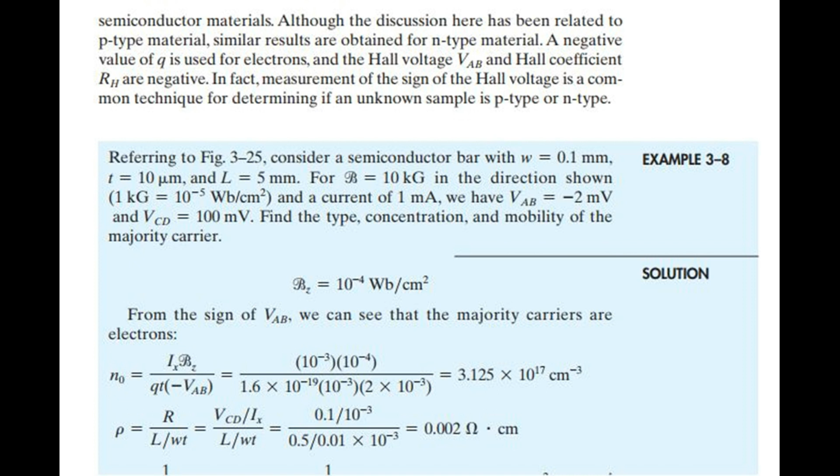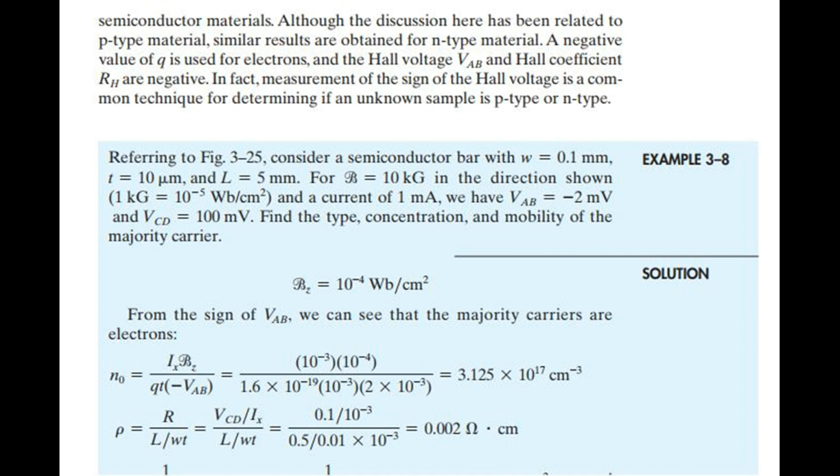In fact, measurement of the sign of the Hall voltage is a common technique for determining if an unknown sample is p-type or n-type. Referring to Fig 3-25, consider a semiconductor bar with W equals 0.1 mm, example 3-4, t equal 10 µm, and L equal 5 mm.